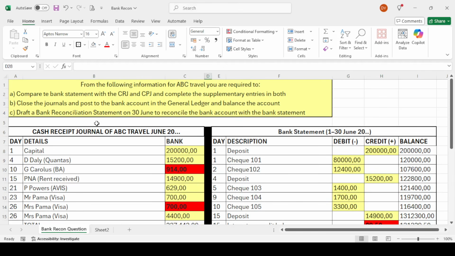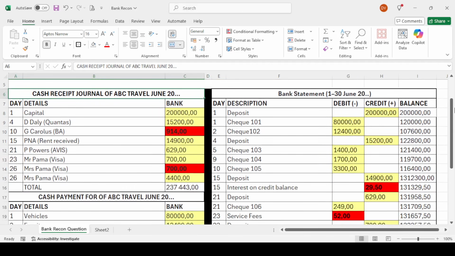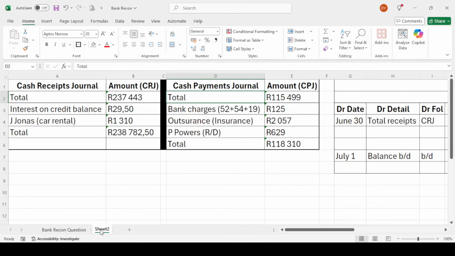The first one that we'll do will be the cash receipt journal. Okay, so remember, you had a total, right? But there's amounts that is on this cash receipt journal that is not on the bank statement. Okay, let me show you and then you will see.